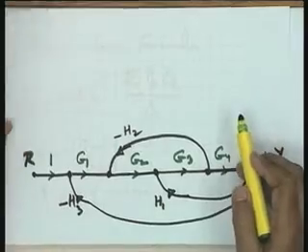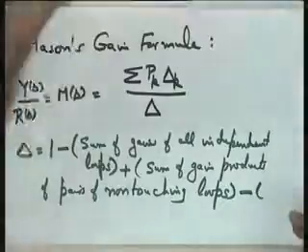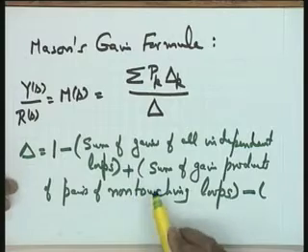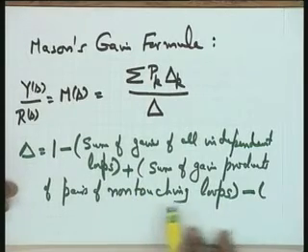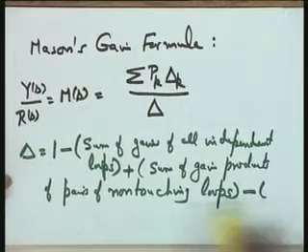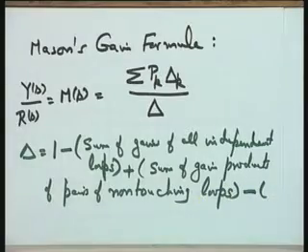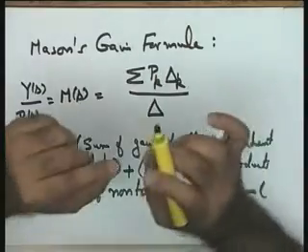So, in this particular case now I will say that sum of gains of all independent loops plus sum of gain products of pairs of non-touching loops minus sum of gain products of triplets of non-touching loops and so on. What is a non-touching loop? That also let me define. A pair of non-touching loops are two loops which do not have anything in common.